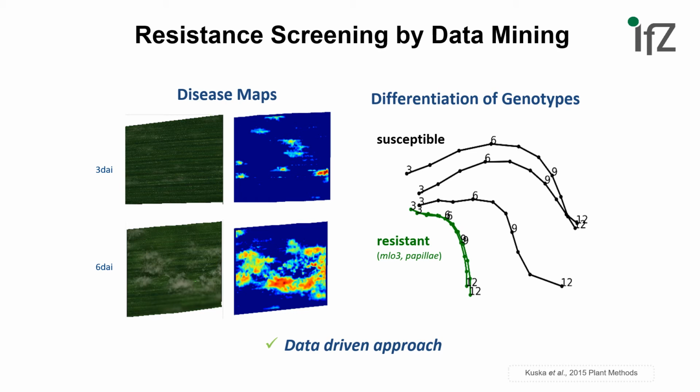But interestingly, the resistant genotypes, which have the MLO3 resistance in the background, were very, very similar to each other. And this is because the resistant genotype causes no disease symptoms, and the tissue had a very similar phenotype, and we were able to measure this by hyperspectral imaging based on a fully data-driven approach.